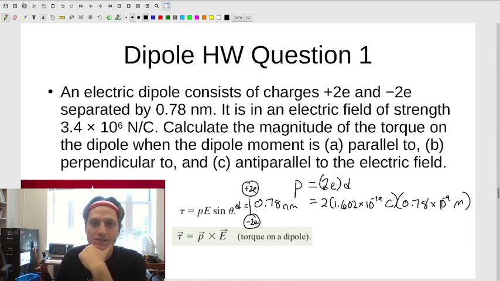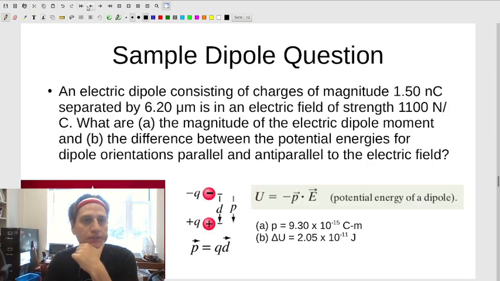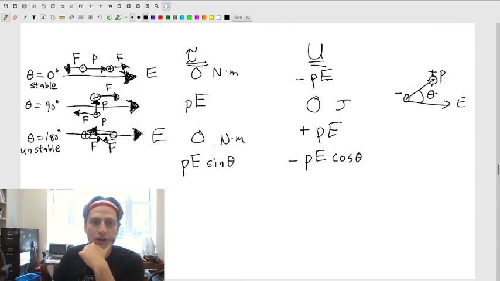And then it asks, calculate the magnitude of the torque on the dipole when the dipole moment is parallel to, perpendicular to, and anti-parallel to the electric field. Well, look back on these pictures that we've done. It's easy to know what the torque is when you're parallel or anti-parallel. In that case, the torque is just 0 and 0.